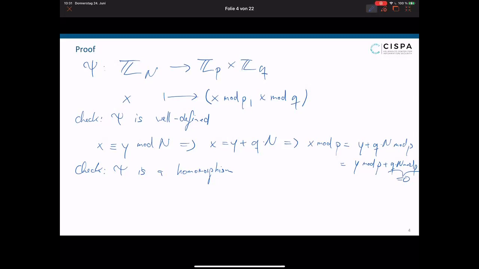The function psi is a homomorphism. What do I owe you still? What do I have to show you still? I mean, you just have to go back to the last slide. What did I say on the last slide? Aha. Psi must be invertible. So we need an inverse function.